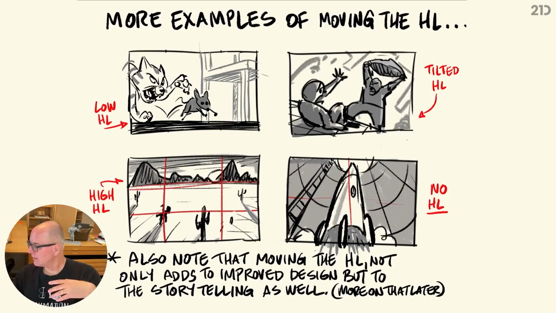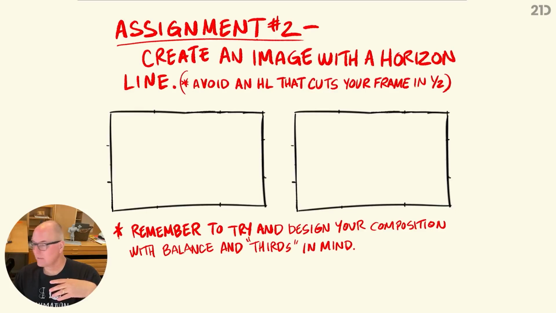And let's go into assignment number 2. As we conclude this session about horizon lines and composition, I'd love for you to fill in 2 rectangles again with some kind of composition. This could be more pictorial, so a landscape or something like that within this frame.